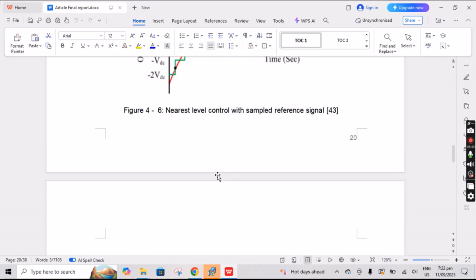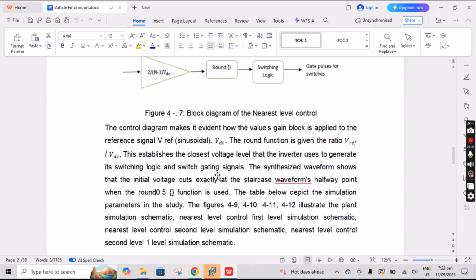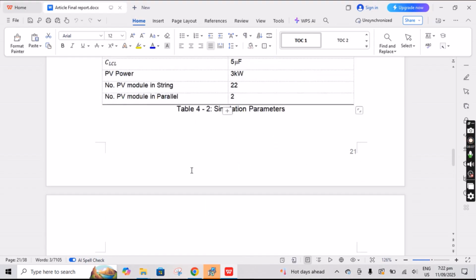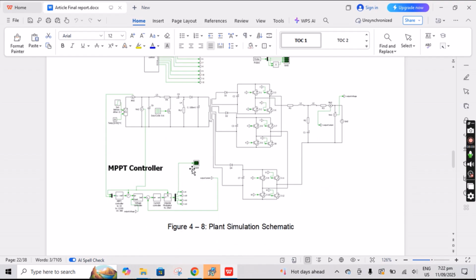This is the block diagram of the nearest level control system, in which the sinusoid is the reference voltage, and the DC voltage provides the level control voltage. The table is also given here.